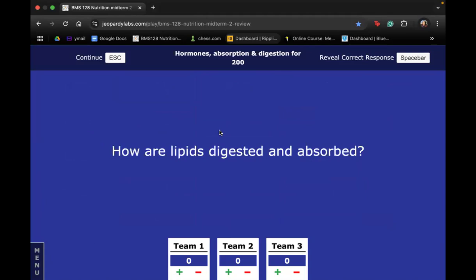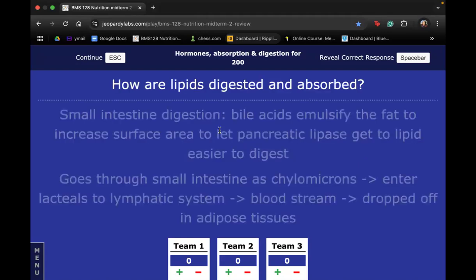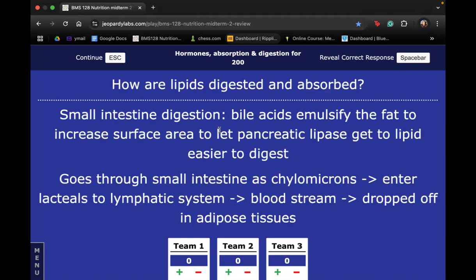How are lipids digested and absorbed? In the small intestine, the bile acids that we talked about earlier emulsify the fat to increase surface area to let pancreatic lipase get to the lipid more easily to digest.